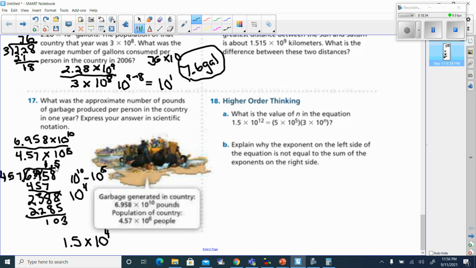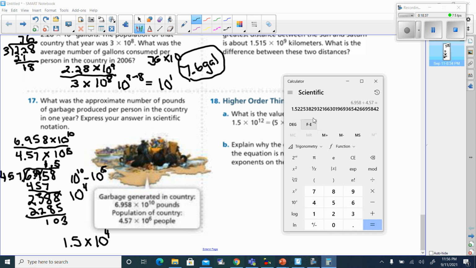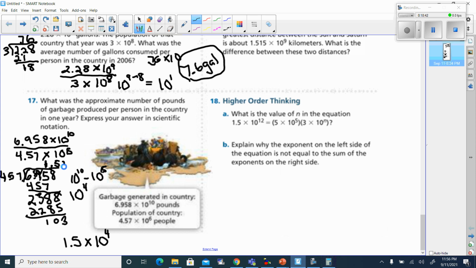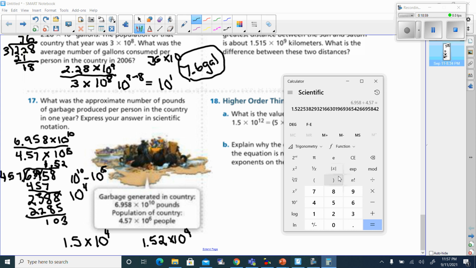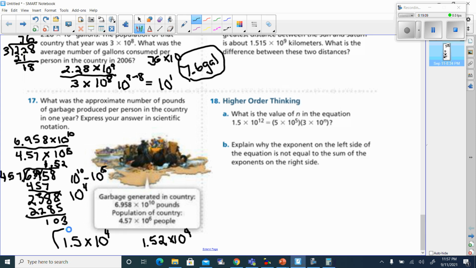I mean, if I wanted to keep on estimating, I could put a 2 there as well, right? It could be 1.52 times 10 to the 4th power. It all really depends on how detailed you want to get, because I could put a lot of numbers here, but since it goes on forever, it really doesn't pay to do that. I would accept either one of these answers here.